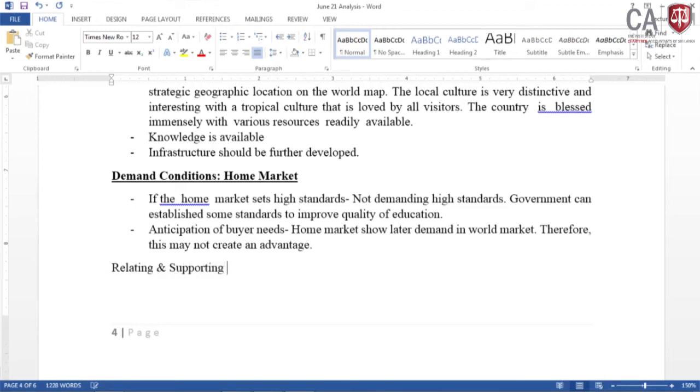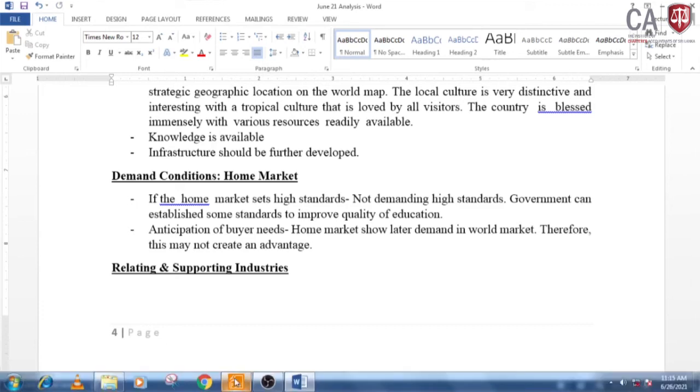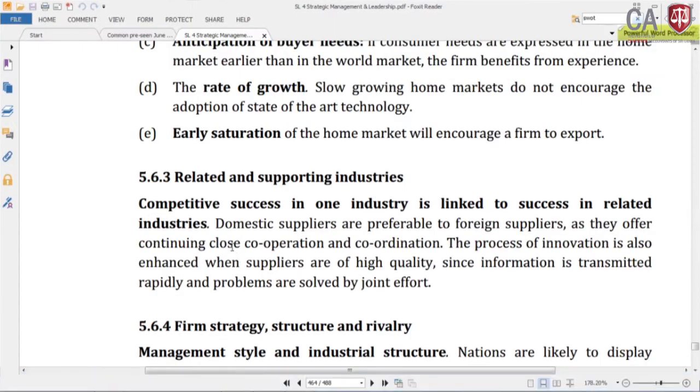Supporting industries. Leading and supporting industries. Compared to success in one industry, linked to success in industry, what do you think?